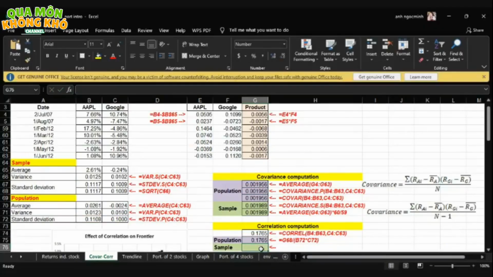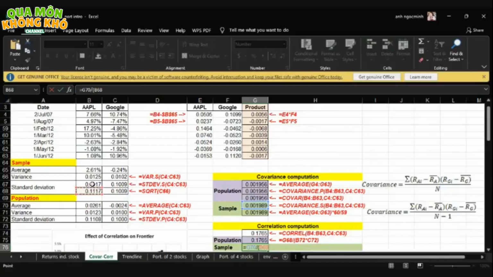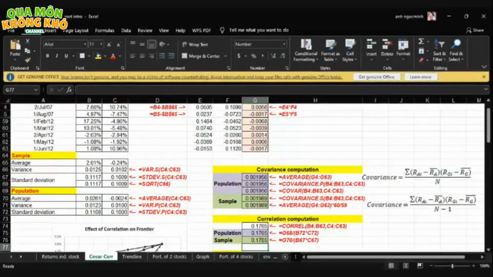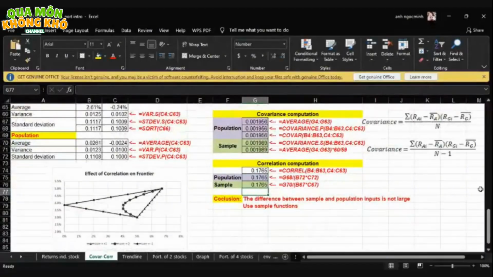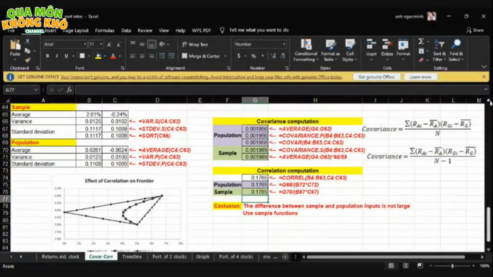And about the sample, we do similarly. So here is the consequence.